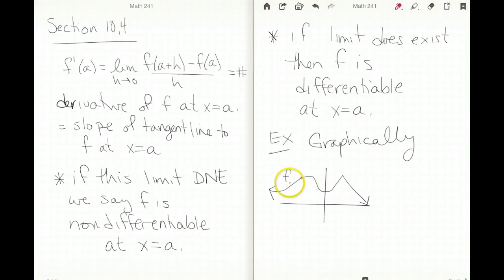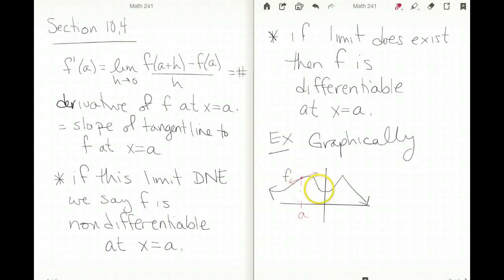And if we can draw a tangent line, that means there is a slope for that tangent line, so the derivative exists at that place. The function is differentiable at that place. So if we called this a, because we can draw a tangent line there and that tangent line has a slope, we say f is differentiable at a.